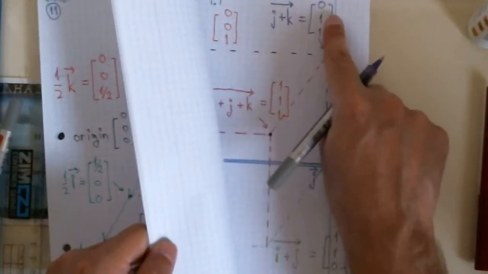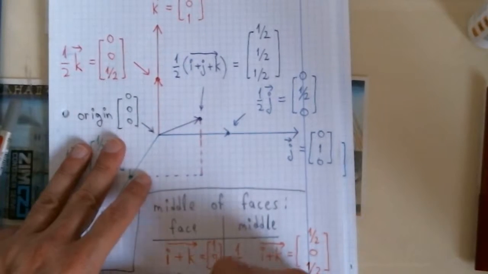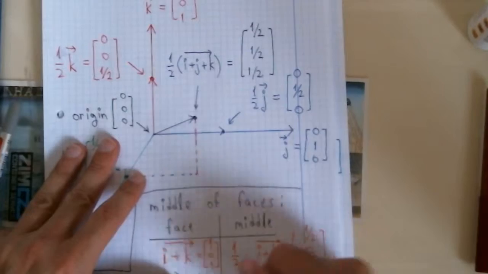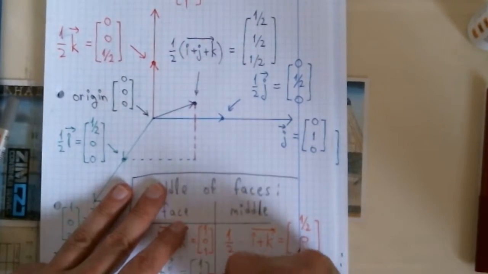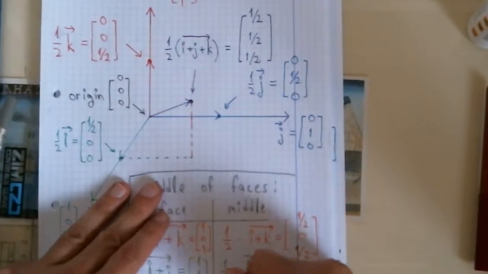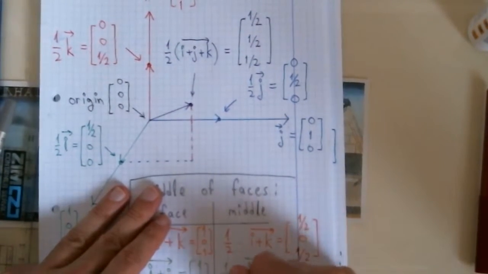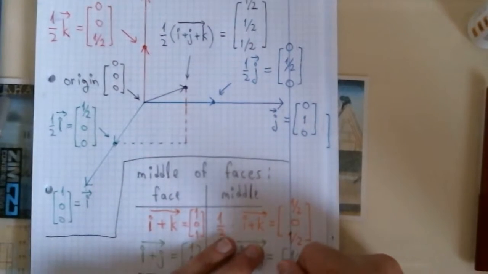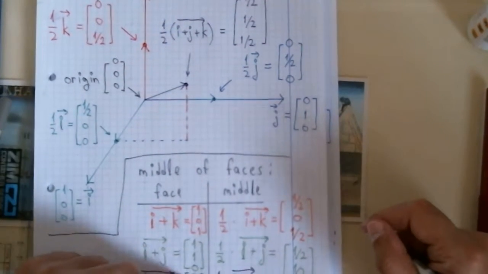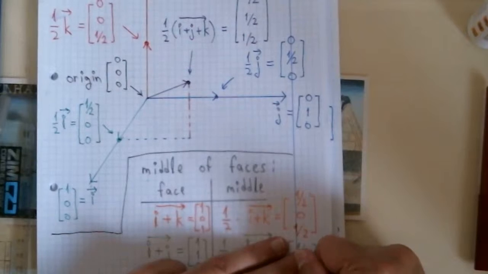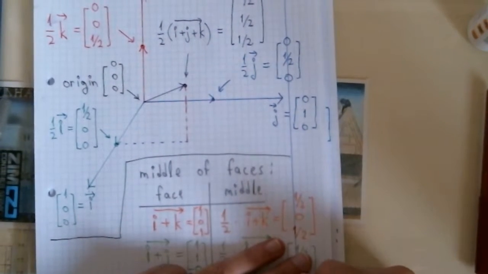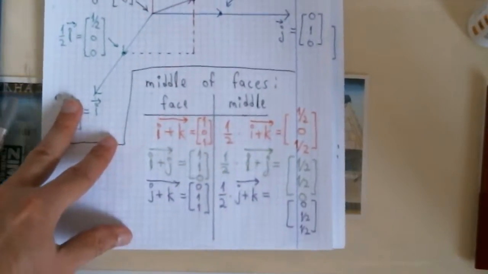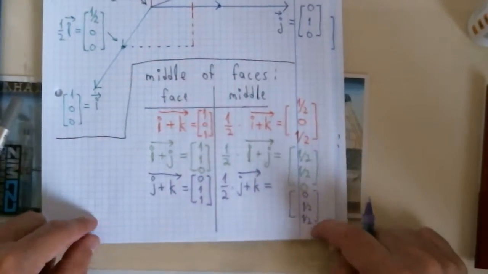The coordinates are 0, 1, and 1. So half times j plus k equals 0, half, and half.